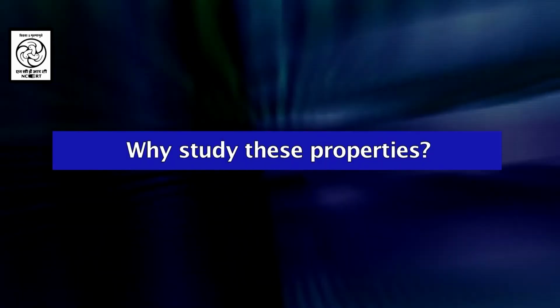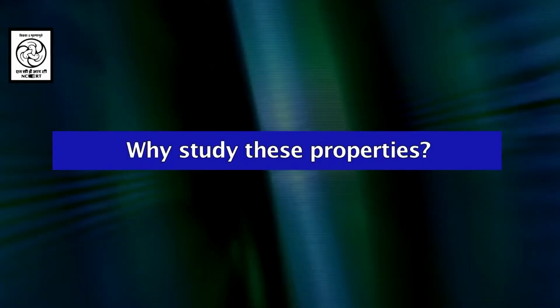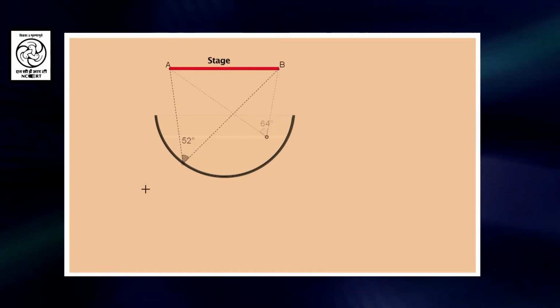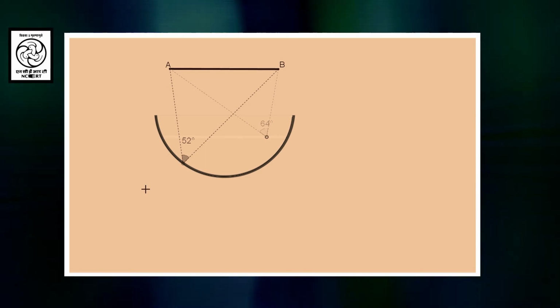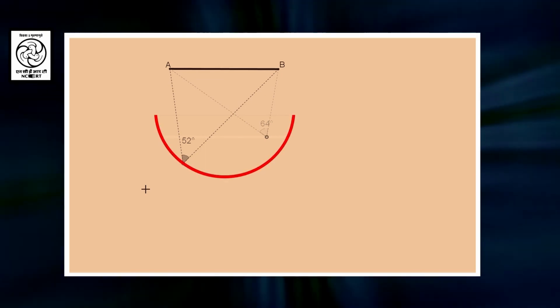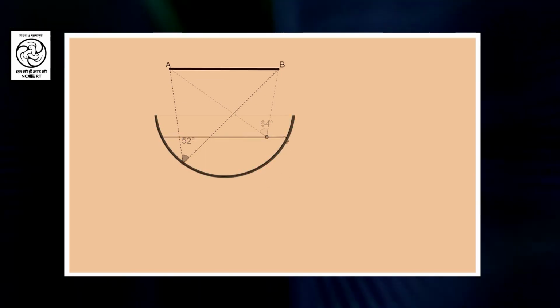Now, the question comes, why study these properties? What is the use? Does it help us in real life? Let us see. Assume that AB is a stage. You have to choose between 2 sitting arrangements. One is the circular one as shown here, the other one is a straight line.